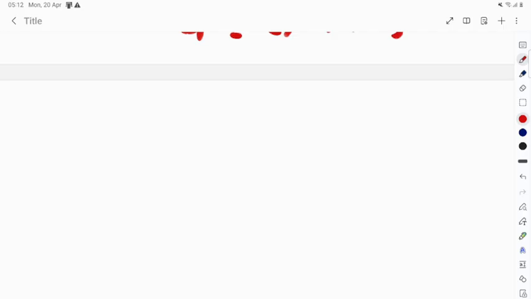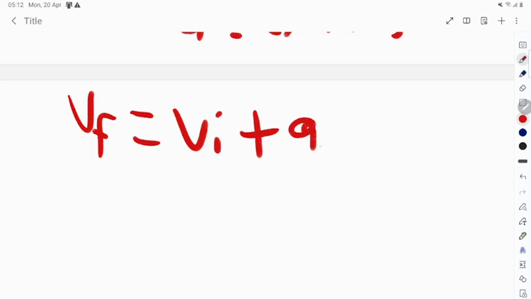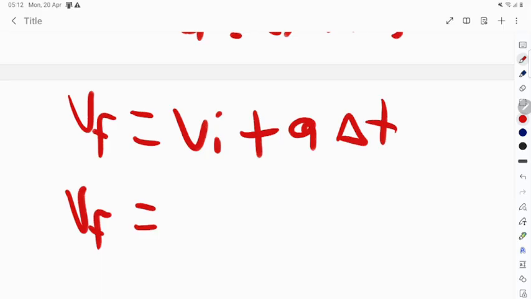So I'll use both. V final is equal to V initial plus a delta t. Now in this case, I'm looking for my V final. My V initial, I know originally that the block was at rest. Both blocks were at rest until the rope snapped. So my initial velocity was 0 plus acceleration.